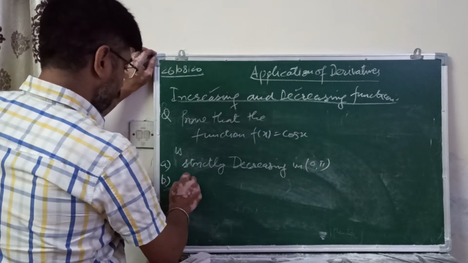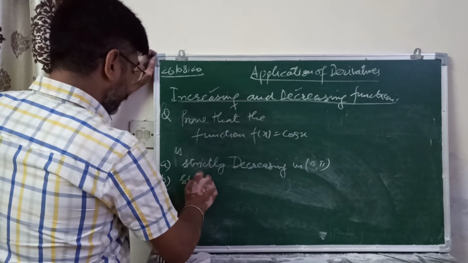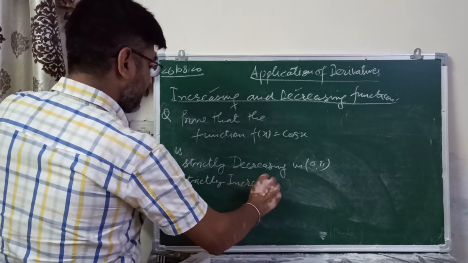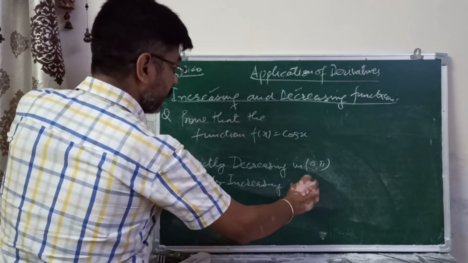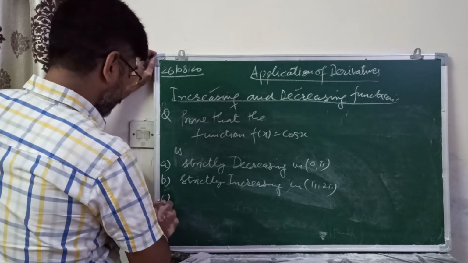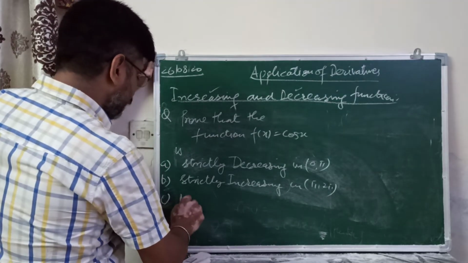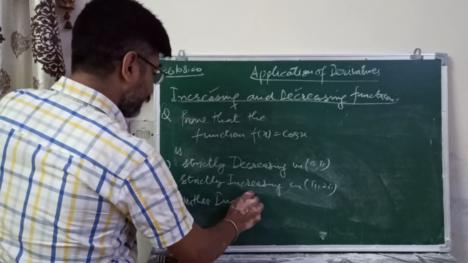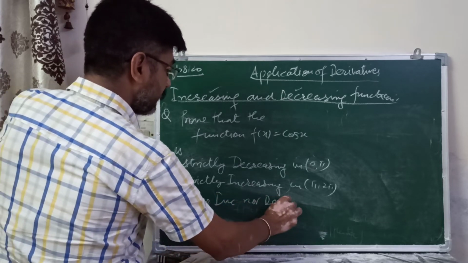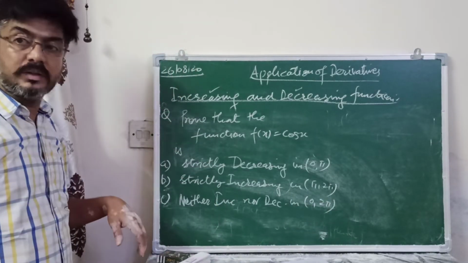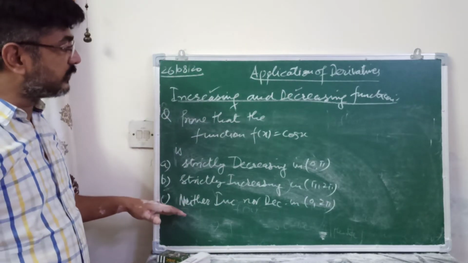Part B, strictly increasing in pi to 2 pi. And C, neither increasing nor decreasing in 0 to 2 pi. So this is the question, and we will solve it.